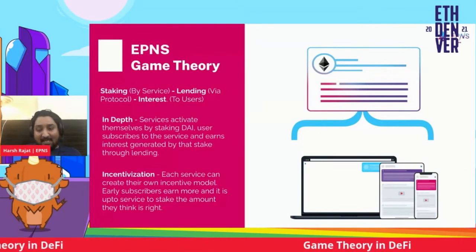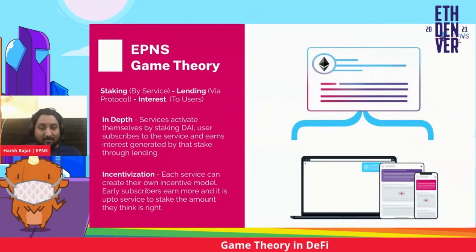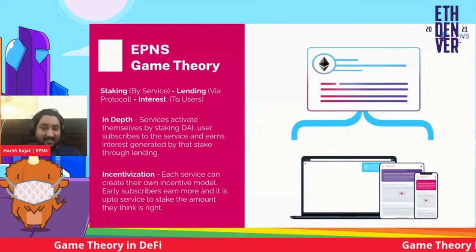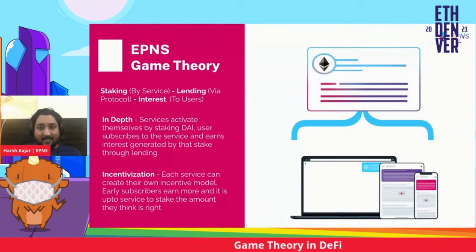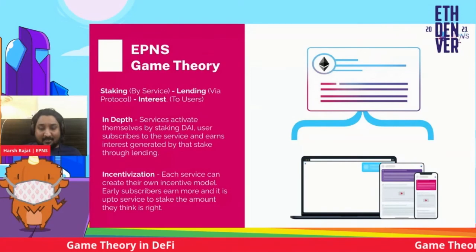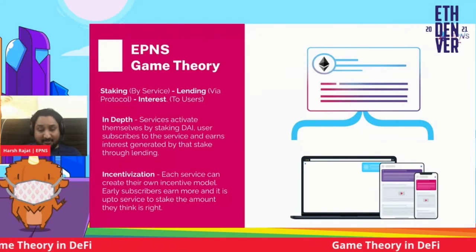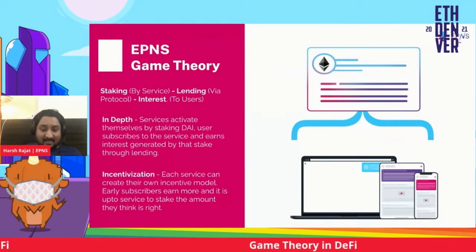And this interest, whenever a user comes in and opts in to receive notifications from this particular service, we distribute out. Therefore, notifications are incentivized, and users have passive earnings as well as getting notifications.